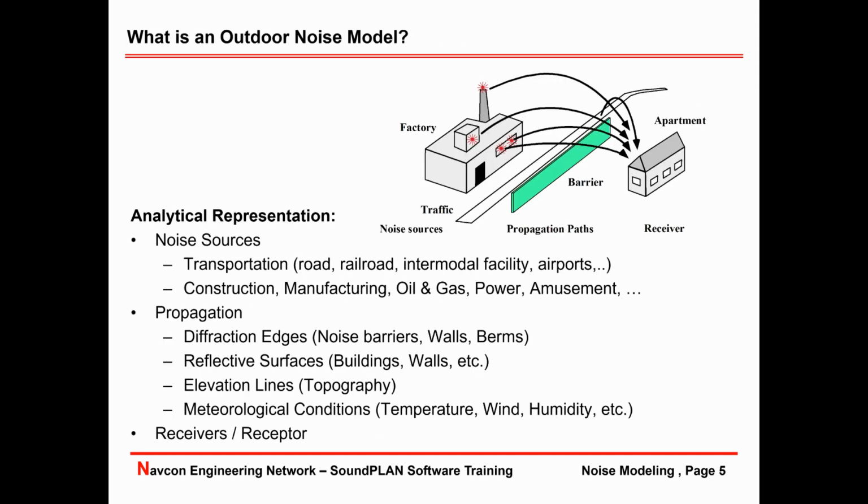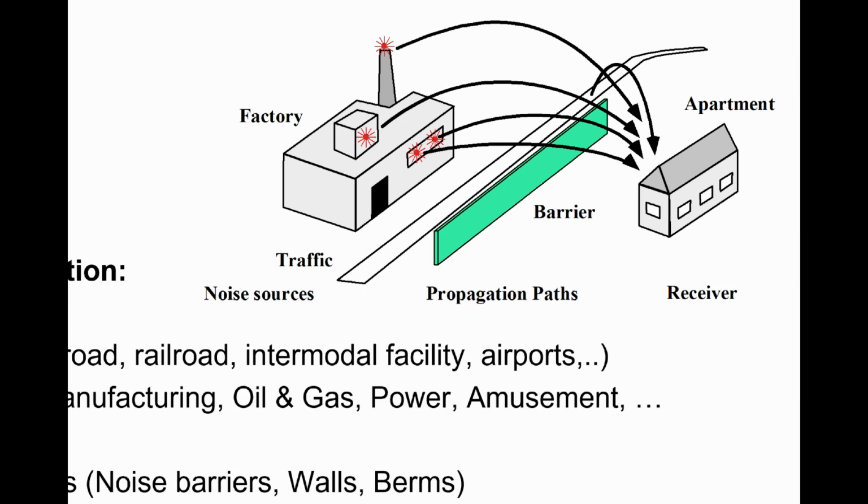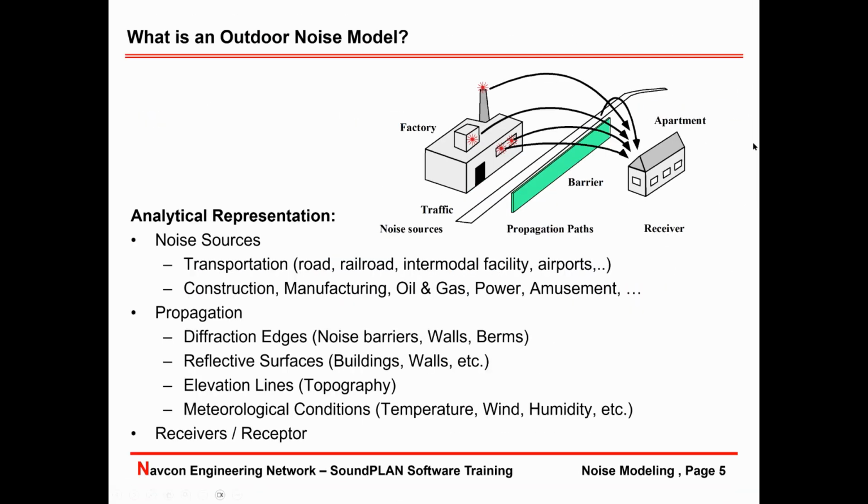So here we have a basic schematic of an outdoor noise propagation model. We have the factory, we have the different sources, we have the propagation path and the receivers.